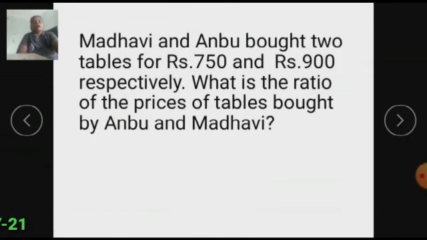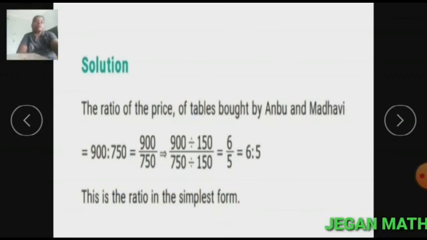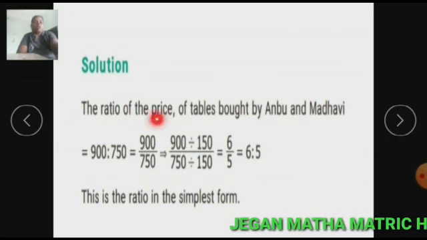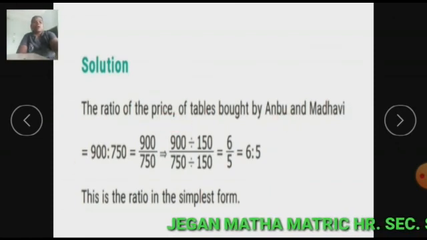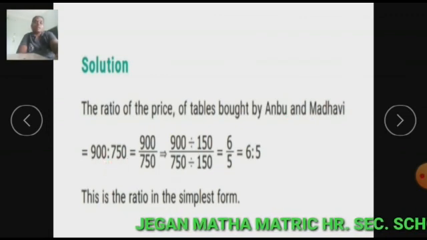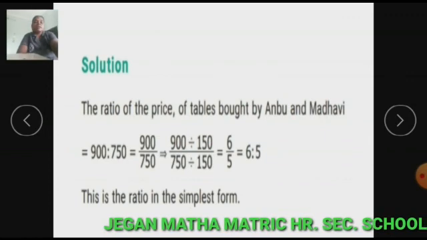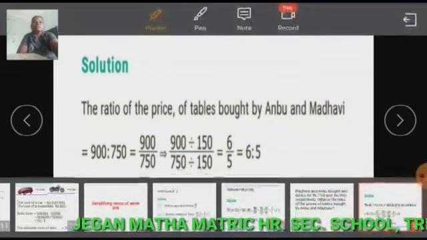Example 3. Madhavi and Anbu bought 2 tables for rupees 750 and rupees 900 respectively. What is the ratio of prices of tables bought by Anbu and Madhavi? First we write the prices in ratio form. The ratio of the price of tables bought by Anbu and Madhavi equal to 900:750. 900 divided by 750 is the fraction form.